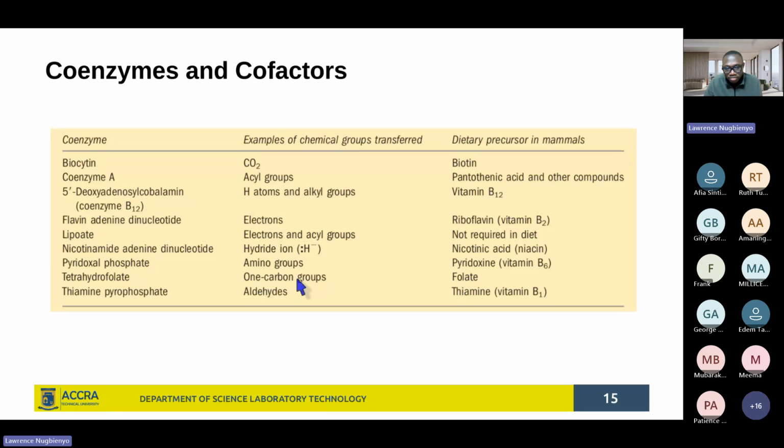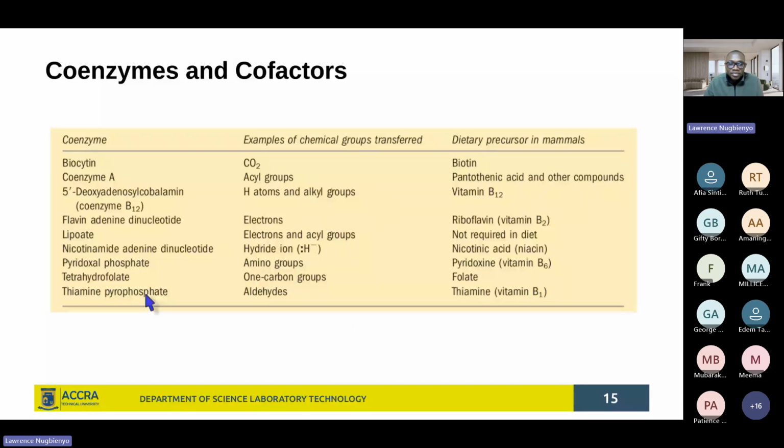So a group, it can be some methyl or aldehyde group, is just one carbon in there. Because those carbon groups are involved in many reactions in cell proliferation, so development of parts of organisms and things like that. We have thiamine pyrophosphate, which is involved in the transfer of the aldehyde group. It's coming from vitamin B1.